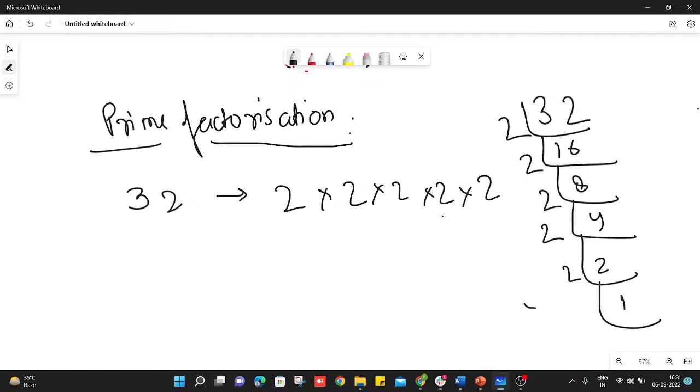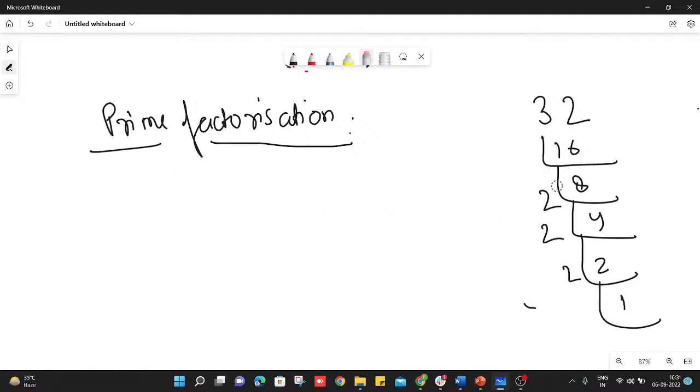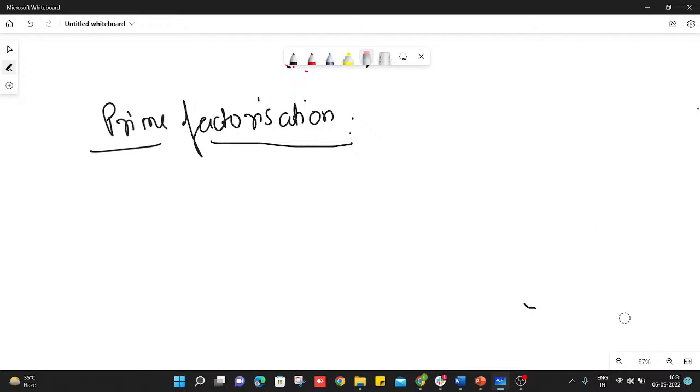Let's discuss how we do prime factorization of any other number. 125. Because we have 5 in the ones place, and we know whenever a number has 5 in the ones place value, that number is divisible by 5.